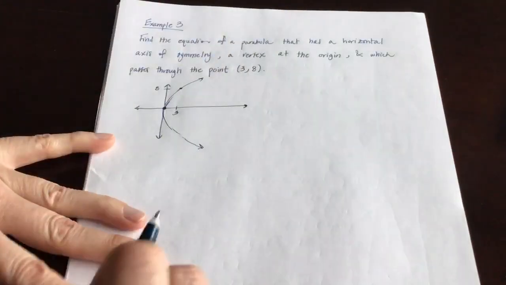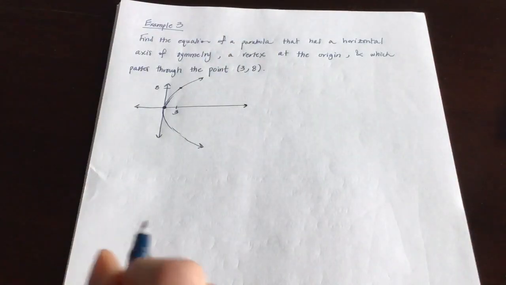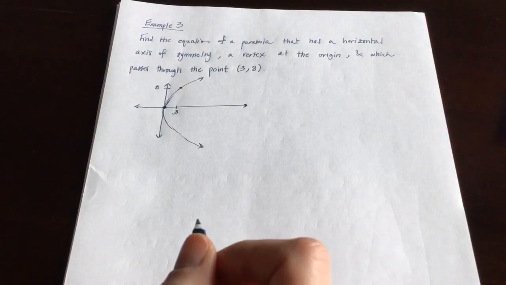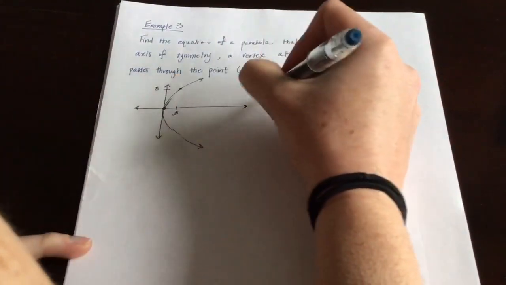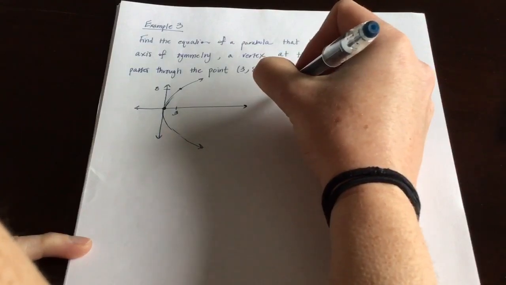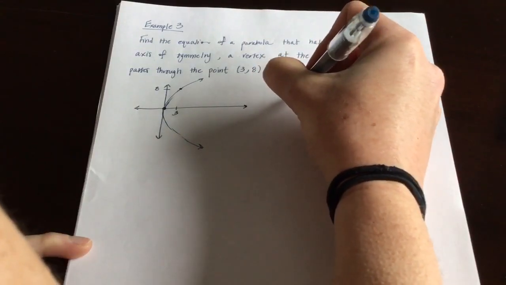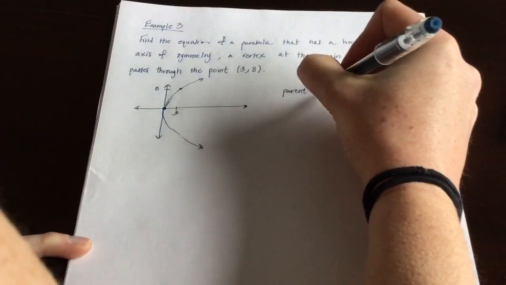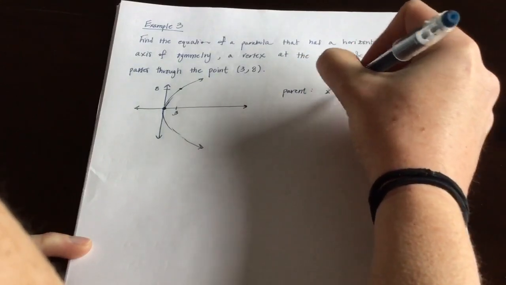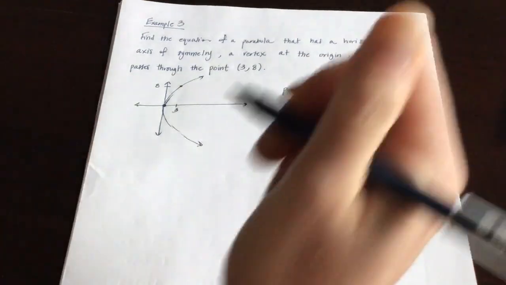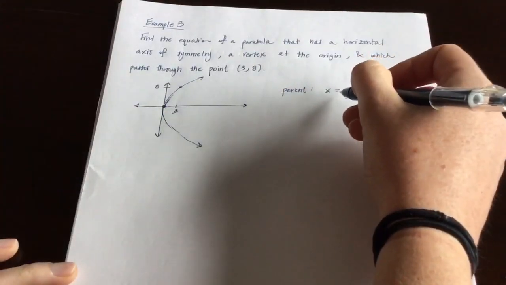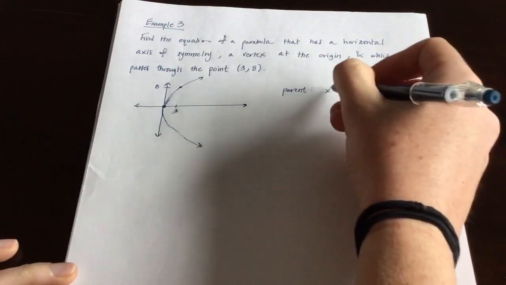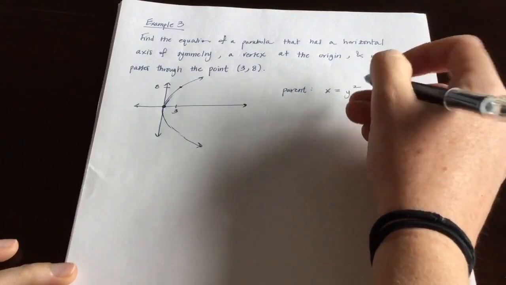Okay. So do we need to use 1/4p to get this done? I claim no. So you know, I could tell that at its core, its parent function would be x equals y squared, right? Because it opens to the right. And then it's not shifted, so there's no subtraction or addition going on inside your functions.